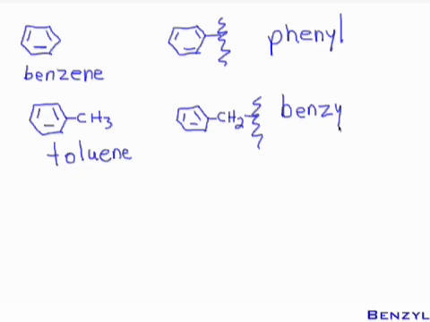You might wonder why it's not called toluene. And the reason is if you pull hydrogens off of the ring, you can get 3 different toluenes.